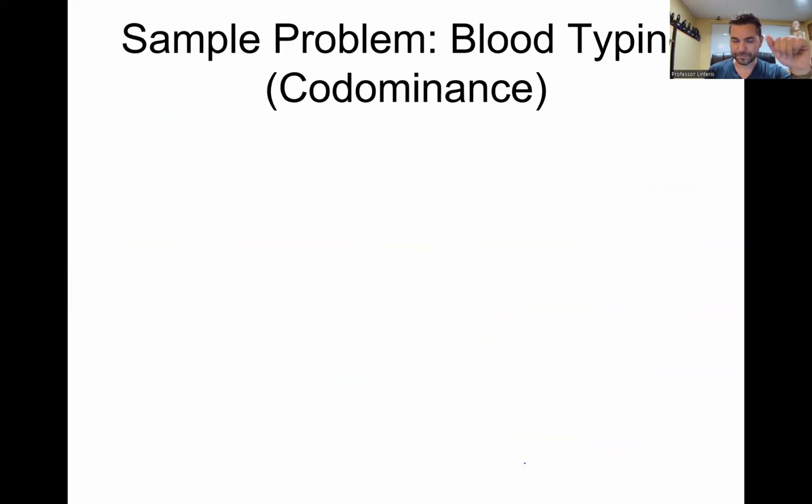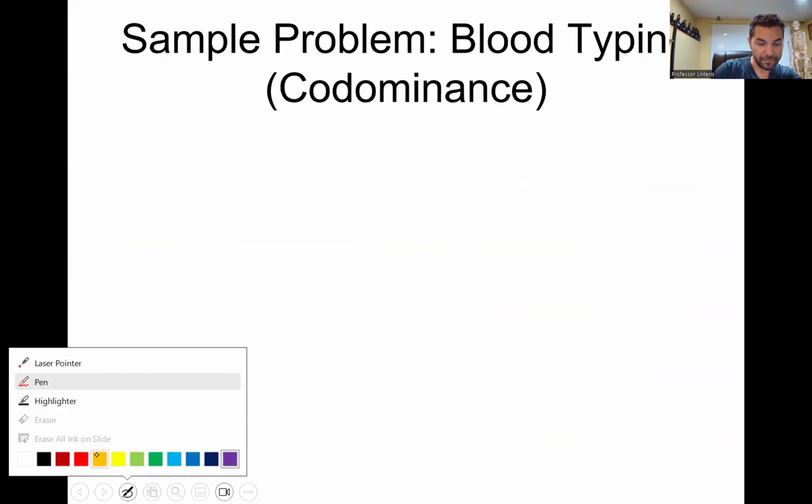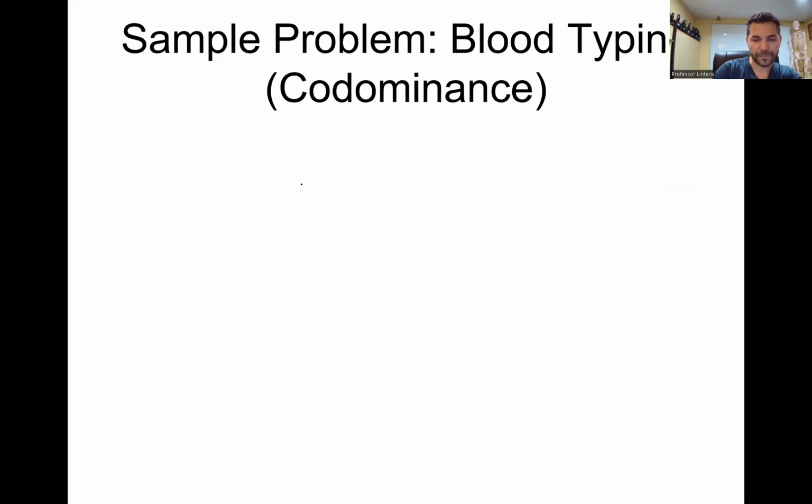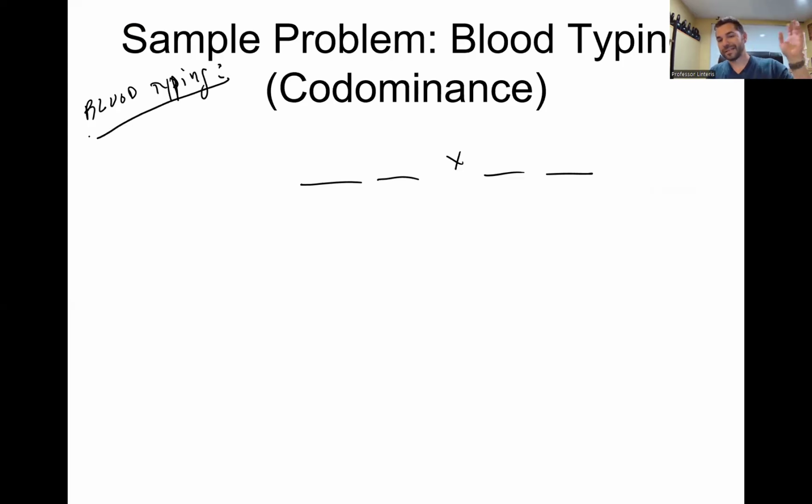And the last one, type of Punnett square number 3, deals with blood typing. Talked about blood typing way back when, 8B maybe. We're not going to go into as much detail with it, but we're going to talk about the genetic component of it.